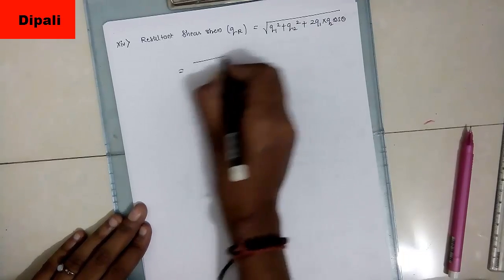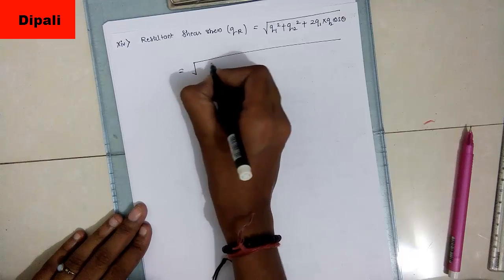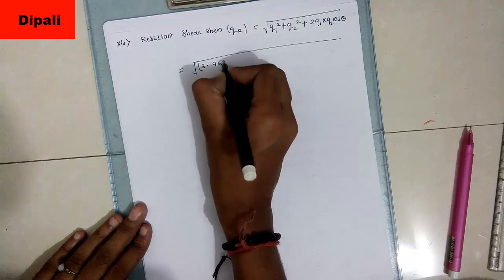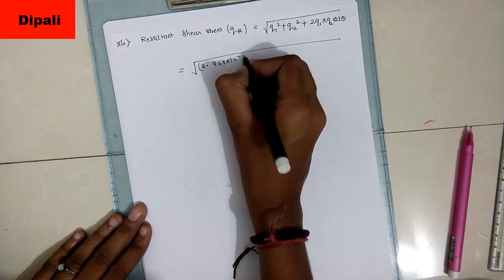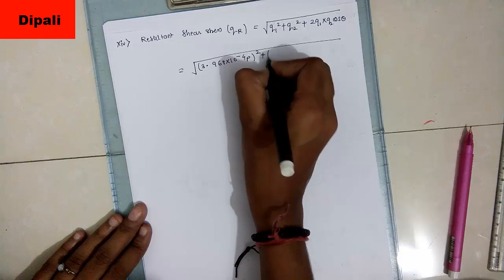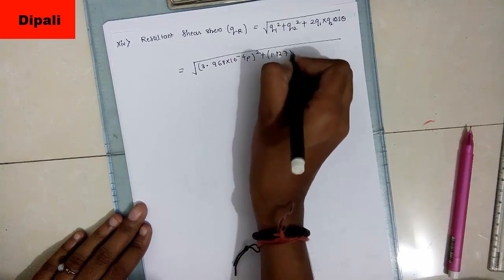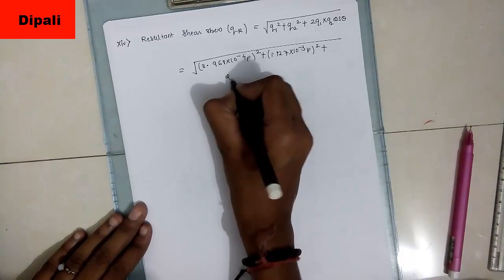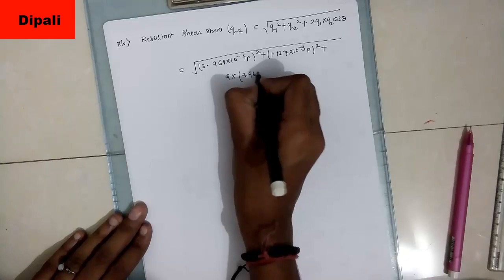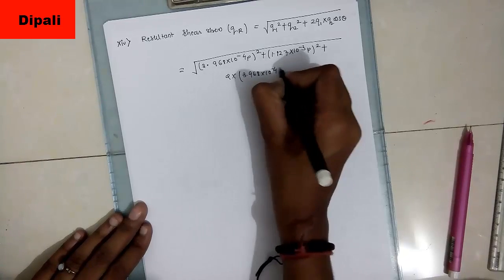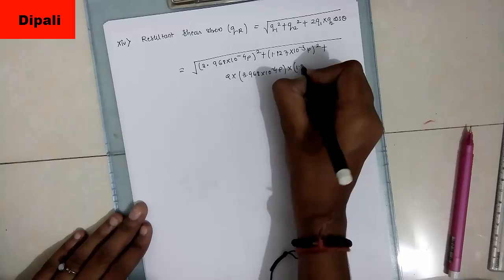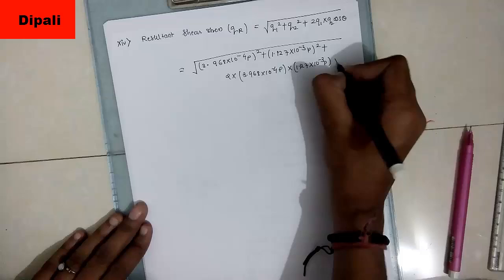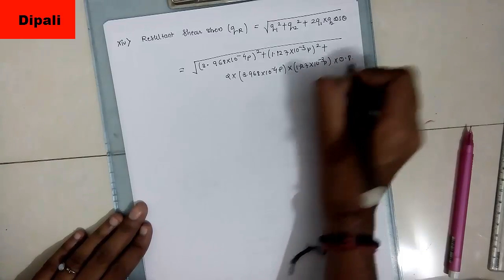Okay, after putting we get q1 square equals to (3.968 into 10 to the power minus 4 P) whole square plus (1.127 into 10 to the power minus 3 P) whole square plus 2 into 3.968 into 10 to the power minus 4 P into 1.127 into 10 to the power minus 3 P. Cos theta is 0.8.